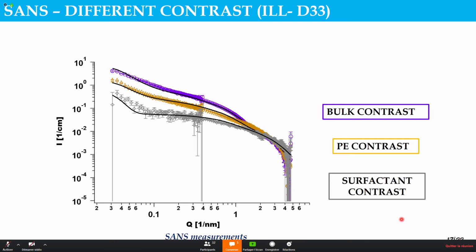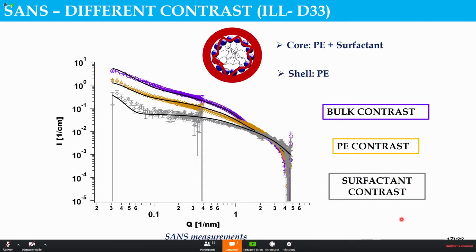And if you think of the cross-section of the rod-like aggregate, fitting this data, we are able to describe them as a core-shell. So we found that we have a core in which we have the surfactant and some polyelectrolyte, and a shell made only of polyelectrolyte.